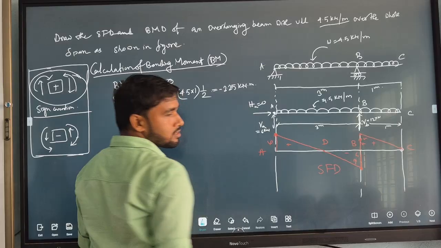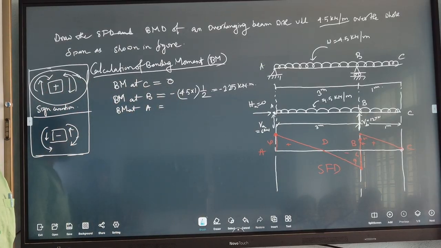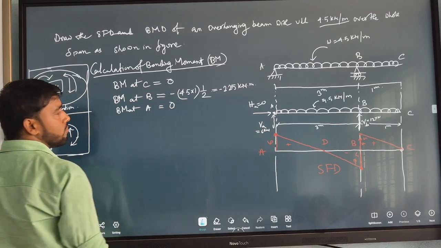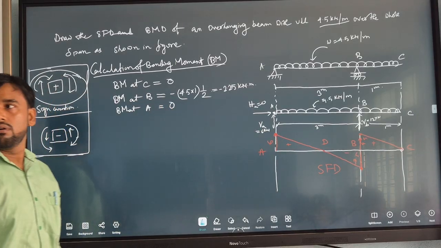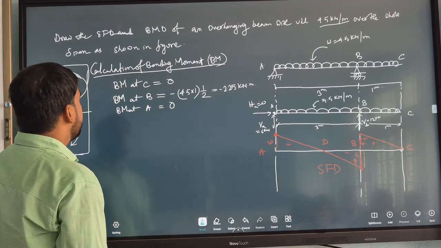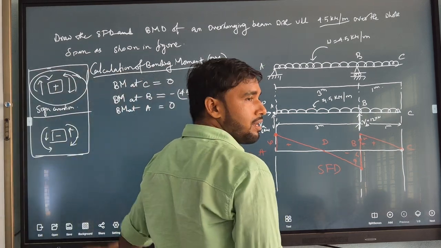Bending moment is always 0, because it is a hinge support. At a hinge support, bending moment is 0. Okay. Now draw the bending moment diagram. Very simple.